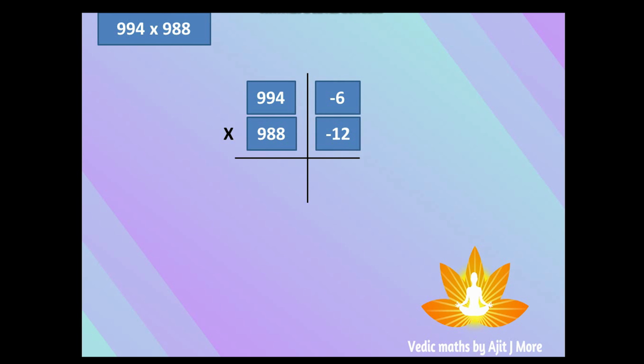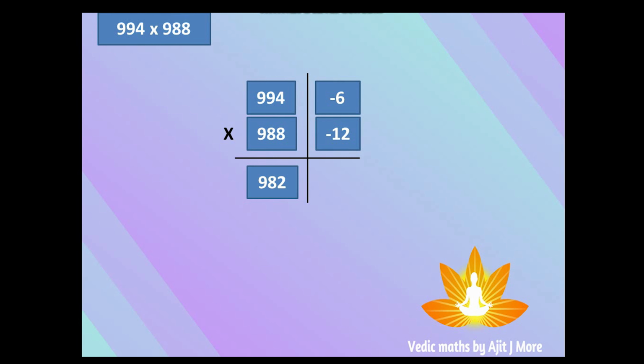Minus 12. Okay, clear? Now the solution, first part is crosswise or diagonal addition. So tell me, 988 minus 6 is 982 and 994 minus 12 is also 982. Okay, so the first part is clear to you.